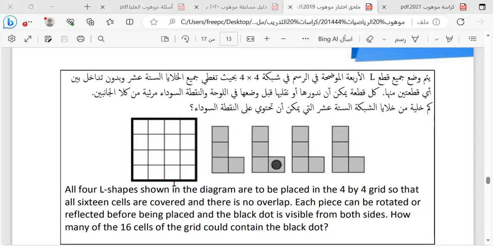What will I do here? How many cells could contain the black dot? Look, like Basel. Here, we want to put this.